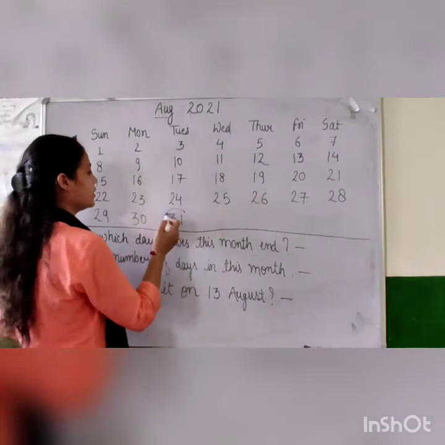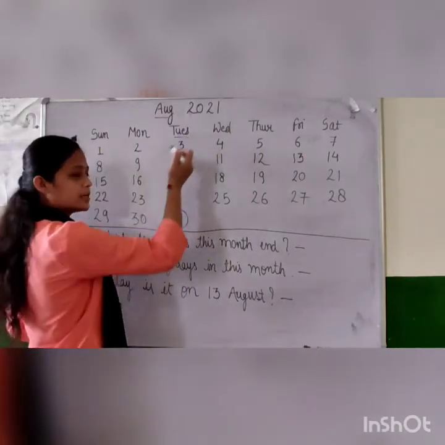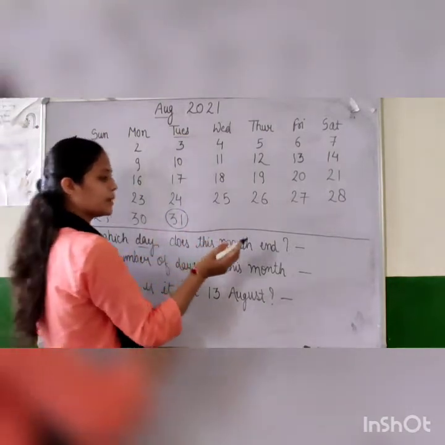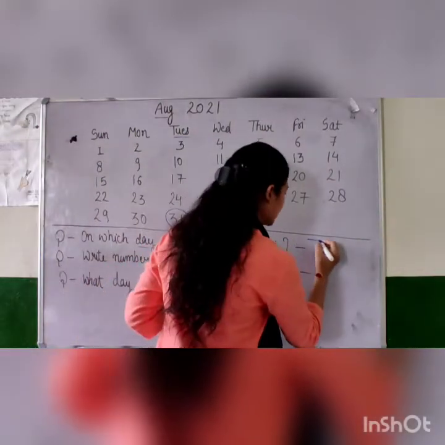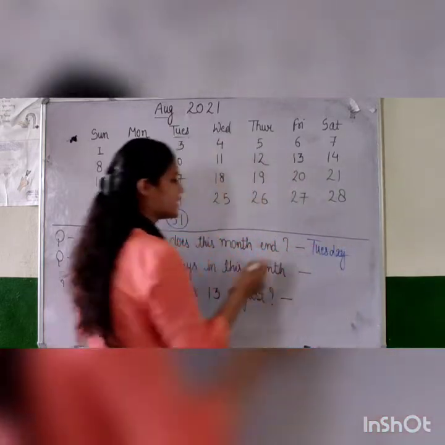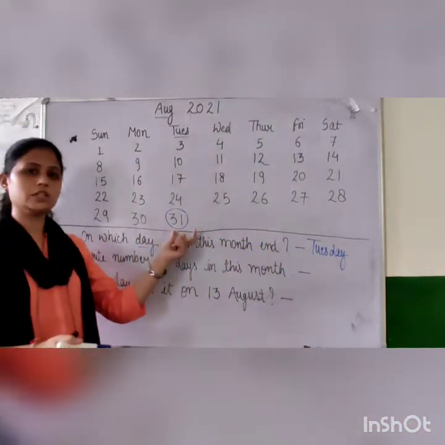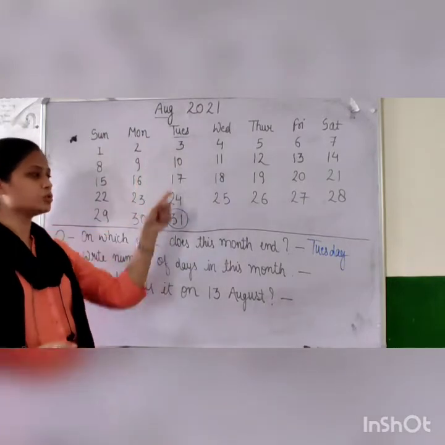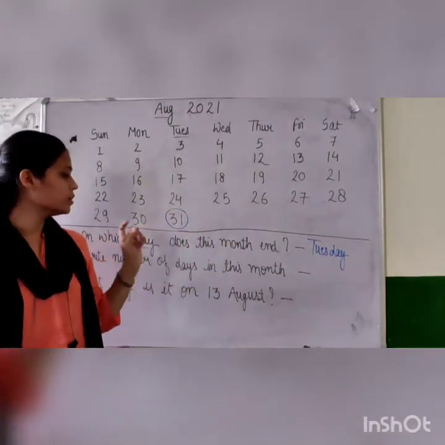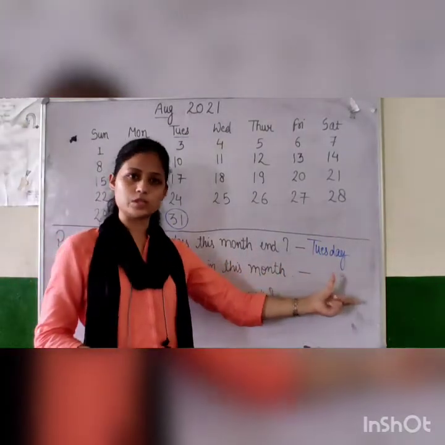So this month ends on Tuesday. We will write here Tuesday, because the last date of this month is 31st and on 31st it is Tuesday.